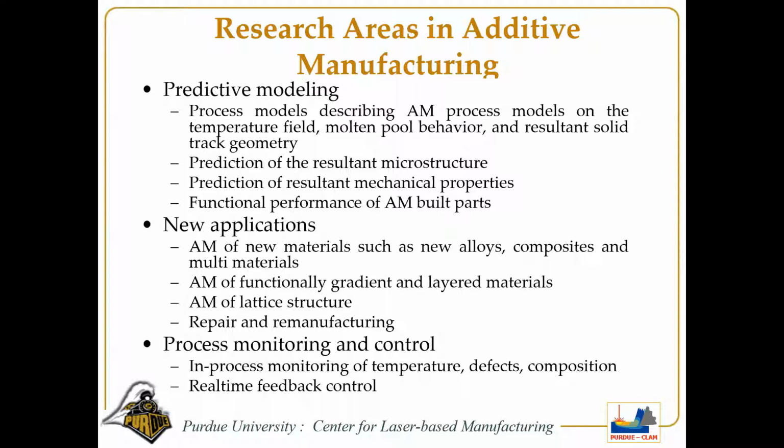So people are trying to develop predictive models, because you can run these things on the computer, which does not cost much money, and you can also get information you cannot get from experiments. So a lot of predictive models are needed here. That combines the temperature history and predicting the microstructure and the mechanical properties.